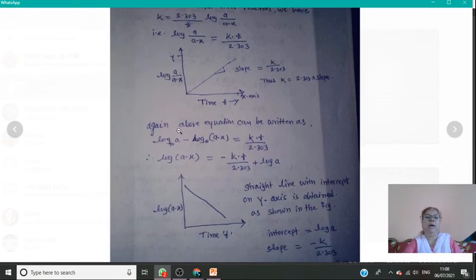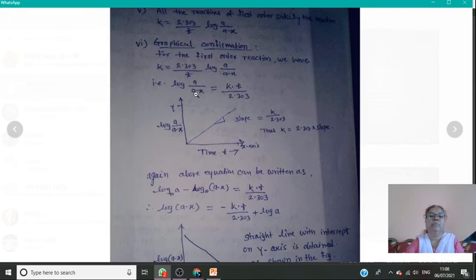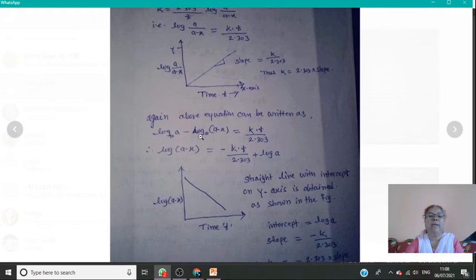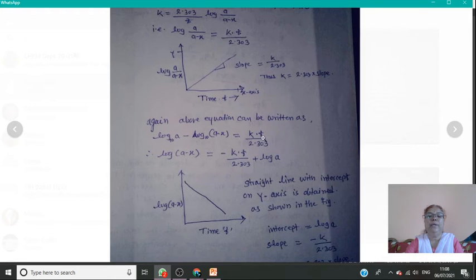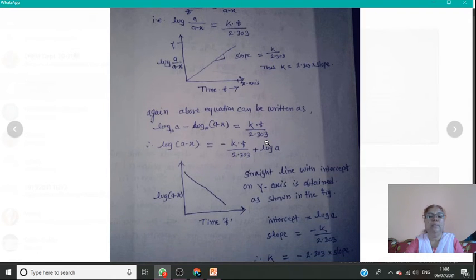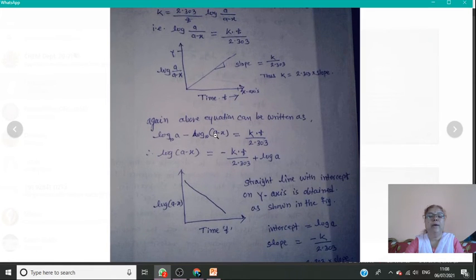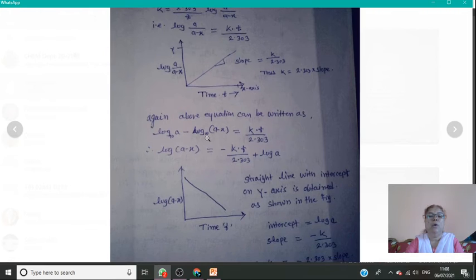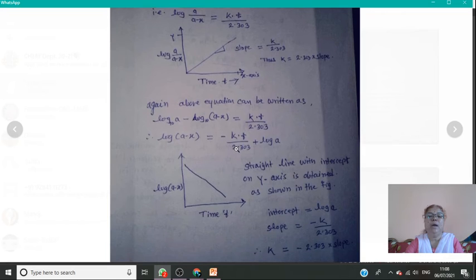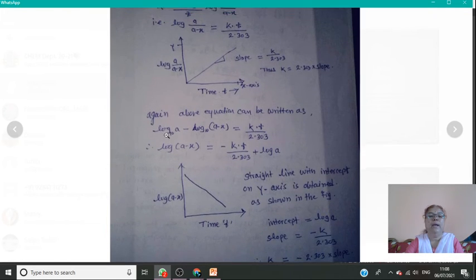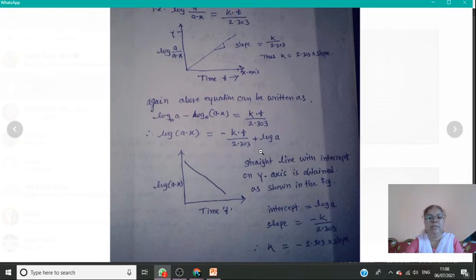Then again the above equation can be written as log of a minus log of a minus x is equal to k into t upon 2.303, and we can write this as log of a minus x is equal to minus k into t upon 2.303, and we put this term here, so it becomes plus.